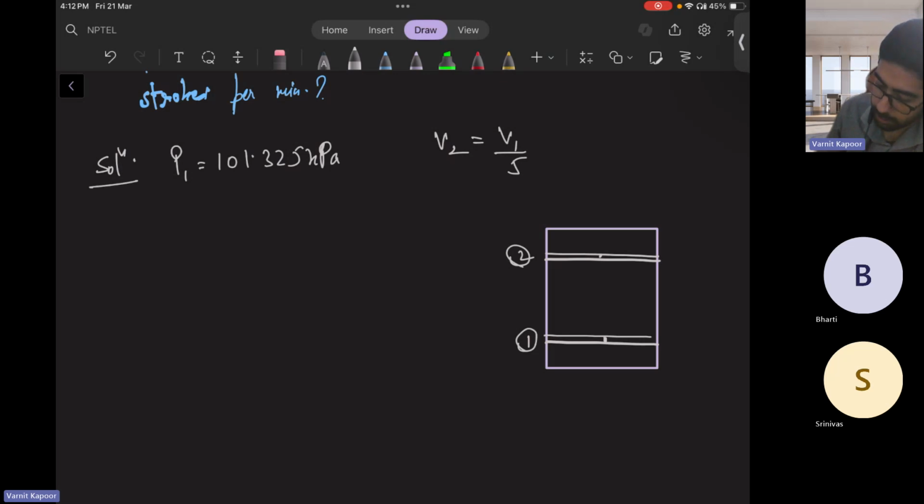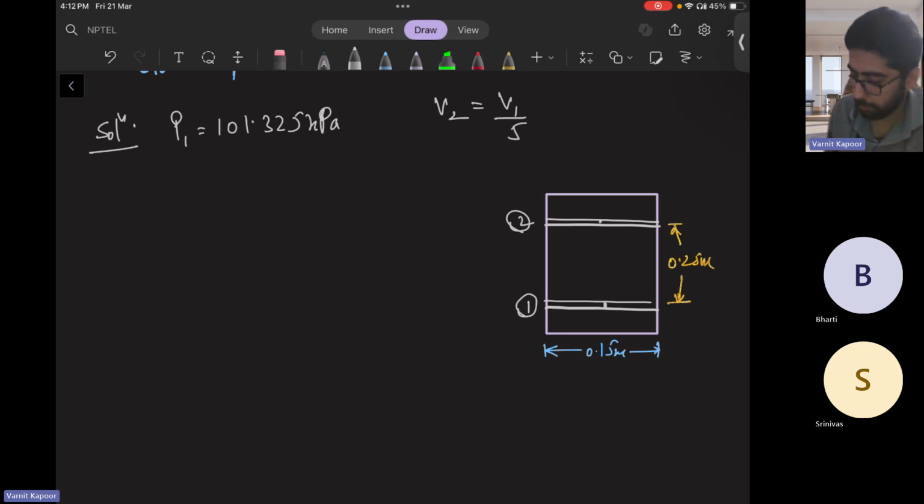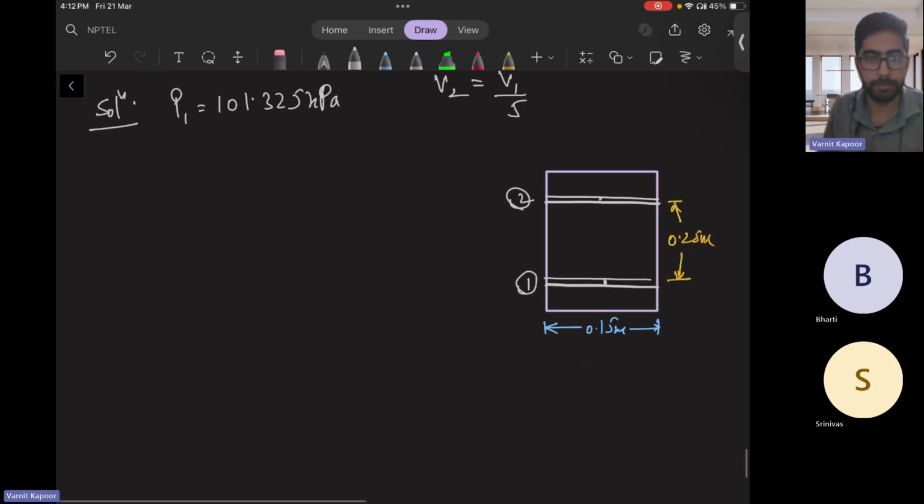It is given that the diameter, that is the bore, is around 0.15 and the length is 0.25. So this is 0.15 and this is around 0.25 meters, the length of the stroke. So 1 to 2 position. Also it said that the gas behaves as PV raised to power 1.2 is equal to constant.